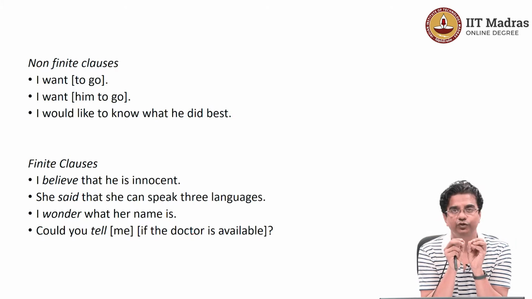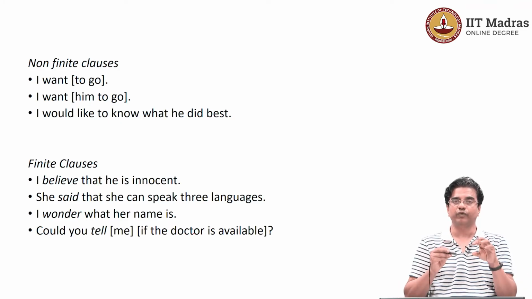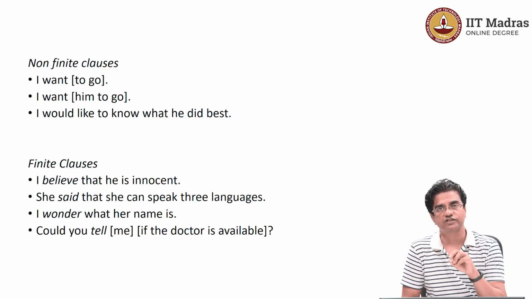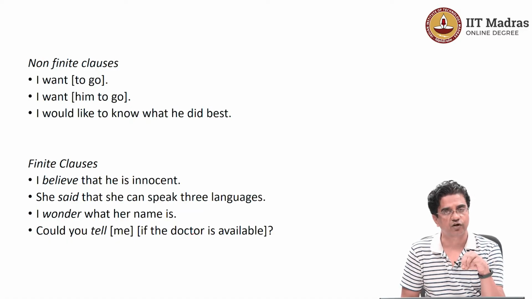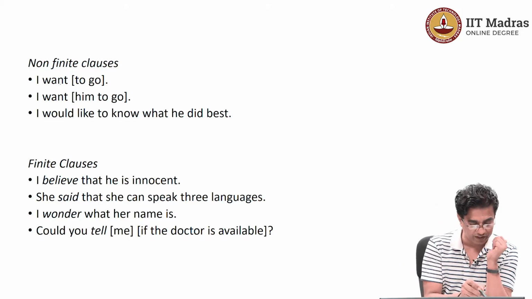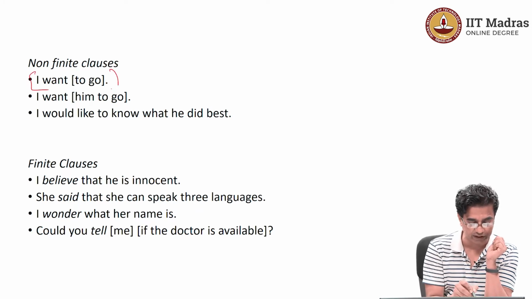So whenever we are saying embedded clause, we mean a clause embedded in a matrix sentence. That is, a clause embedded as an object of another sentence which is known as matrix sentence. So when we say I want to go, what is the matrix sentence? The matrix sentence is this whole thing. An embedded sentence is this.